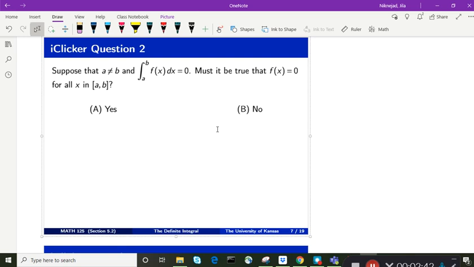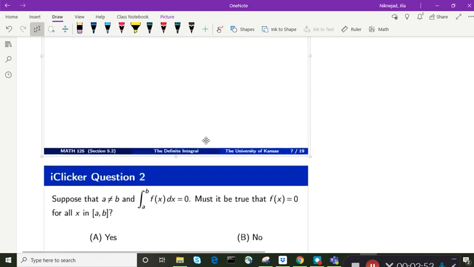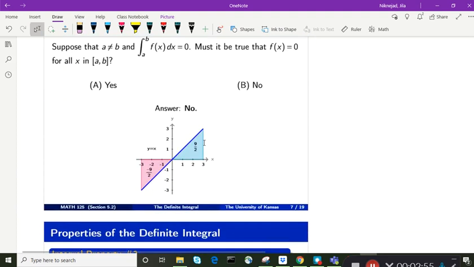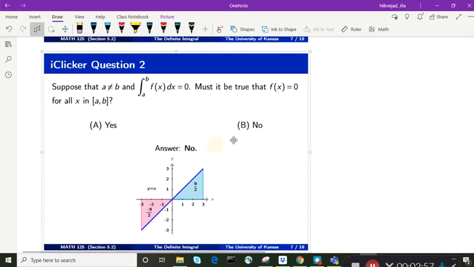And the answer to this question is no, because there's a possibility that the integral is zero anyway. Here's an example. If you look at this, the cyan line is y equal to x, so the function is f of x equal to x.